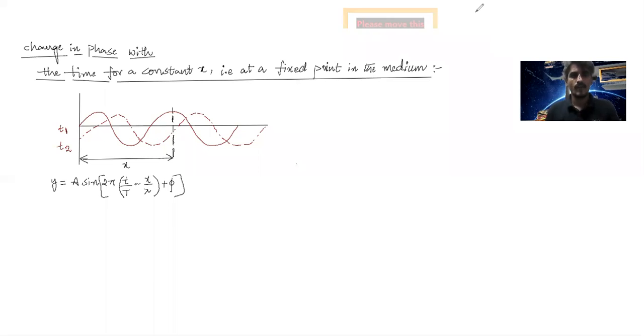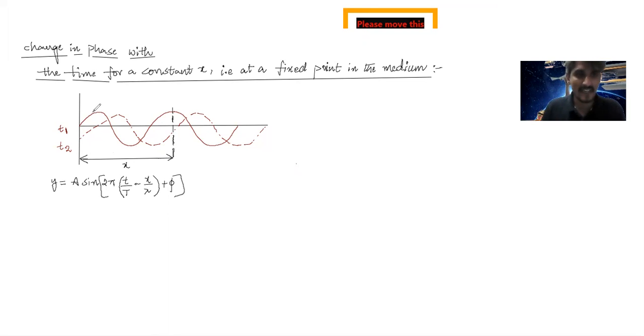Now see here, we are going to observe the change in phase. Suppose if the wave is propagating like this, if there is a change in phase at a certain distance x from the origin, at a particular x distance. Now I have shown that in this diagram.